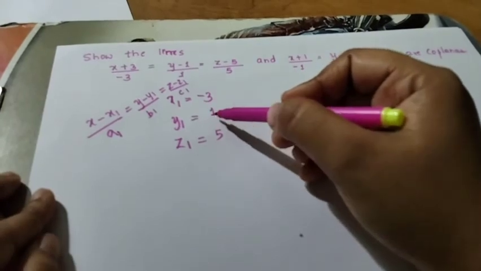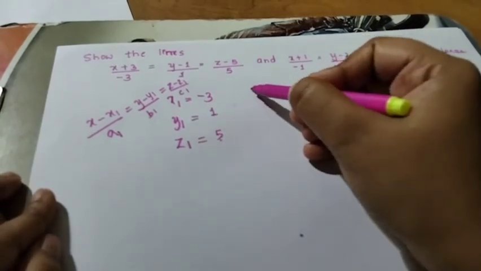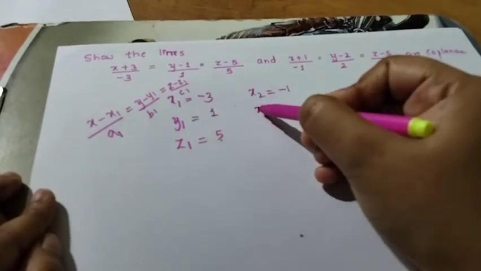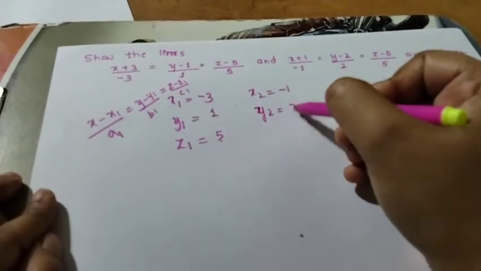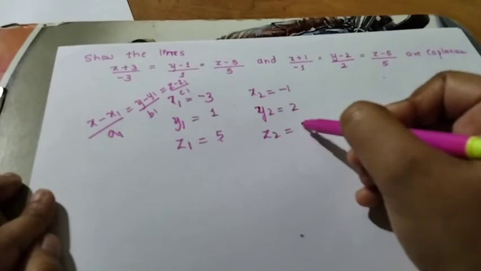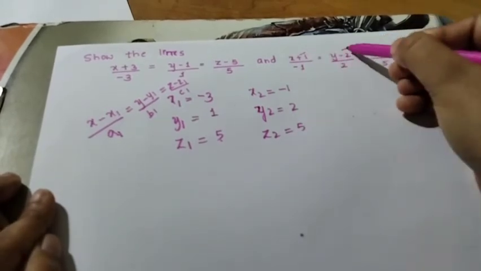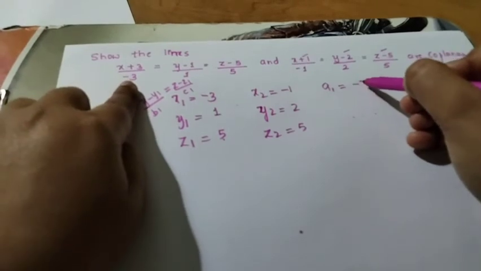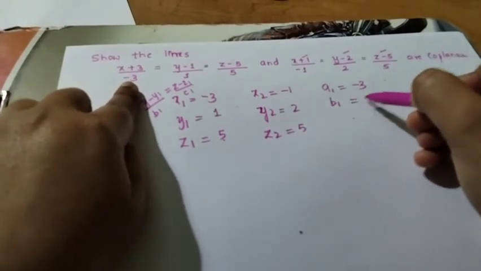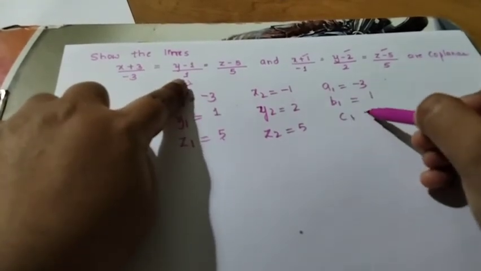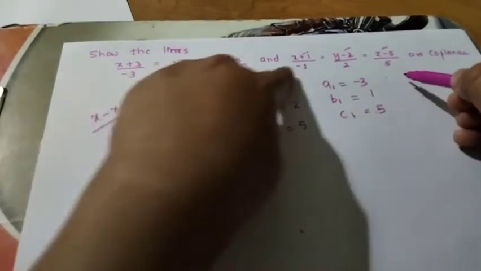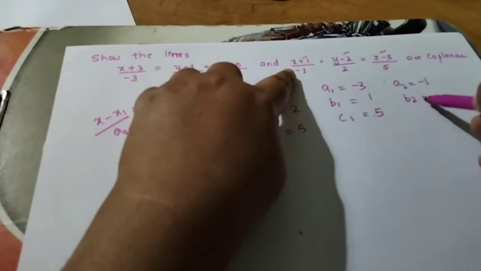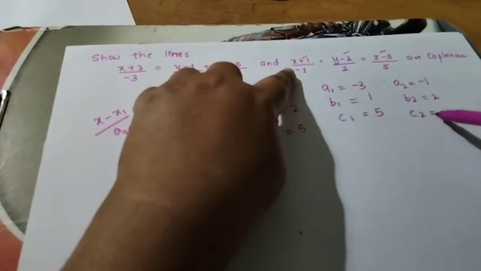So x1, y1, z1. Next I take from this: x2 is minus 1, y2 is 2 and z2 is 5 from this equation. Okay, a1 is minus 3, b1 value 1, c1 value 5 from this equation. a2 value minus 1, b2 value 2, c2 value 5.